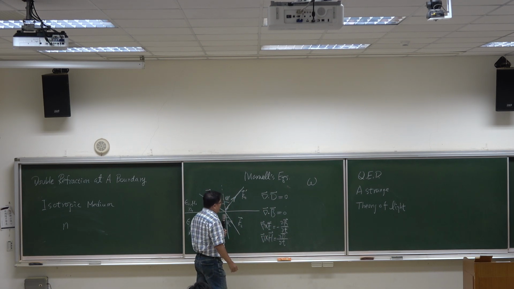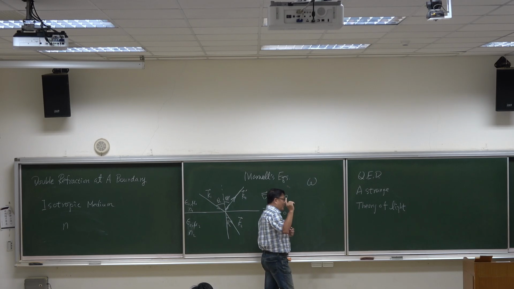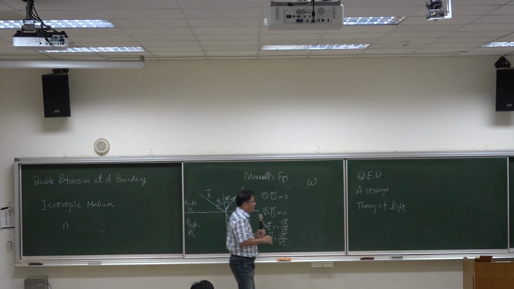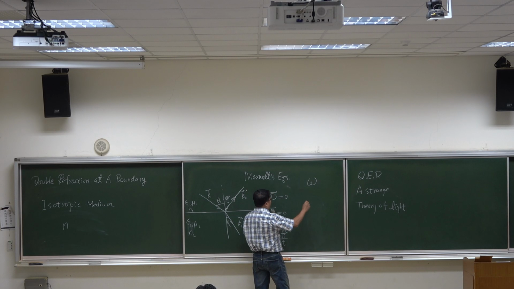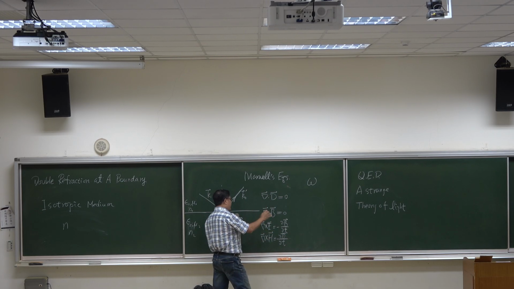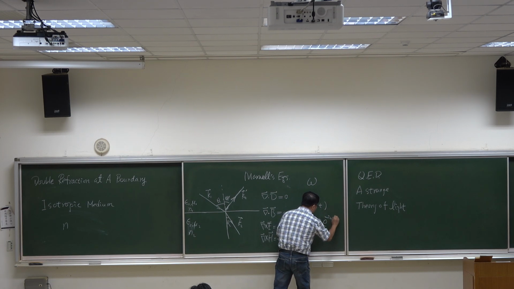Okay, so we have already learned in chapter 1 that we can use the complex vector representation to represent the field quantities, and everything can be written like this. Say E(r,t) can be written as some E(r) times exponential minus i omega t.